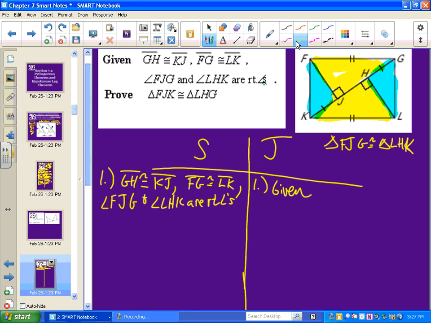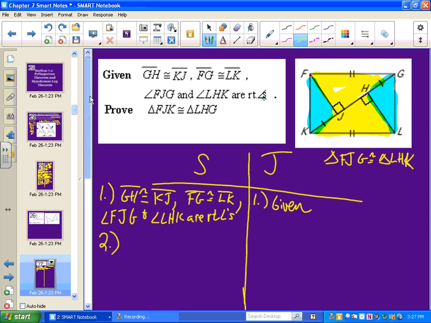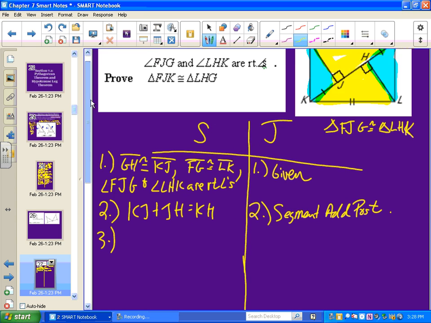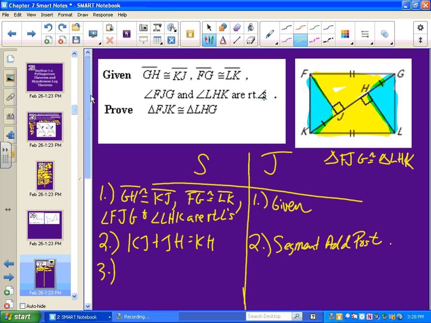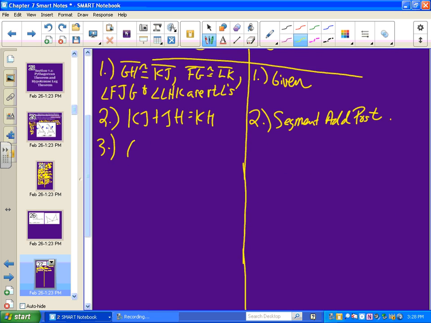So we know that KJ is congruent to HG, and I want to get KH and JG into the proof. I know that KJ plus JH equals KH. That's segment addition postulate. And then we know that GH plus HJ equals GJ. Same justification.